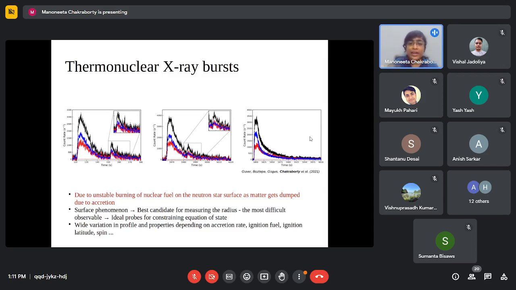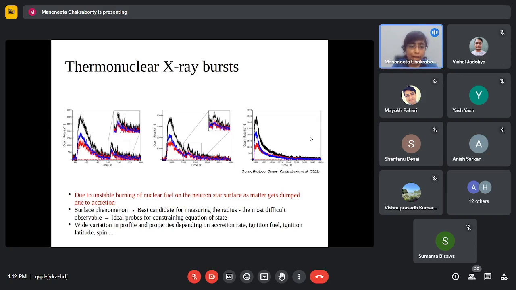And then it acts like an atom bomb, where it triggers thermonuclear reaction in an avalanche manner, thereby resulting in a very sharp increase of intensity followed by a slow decay as the fuel burns off and then cools. Okay, and this is an example of three thermonuclear bursts that we saw recently.